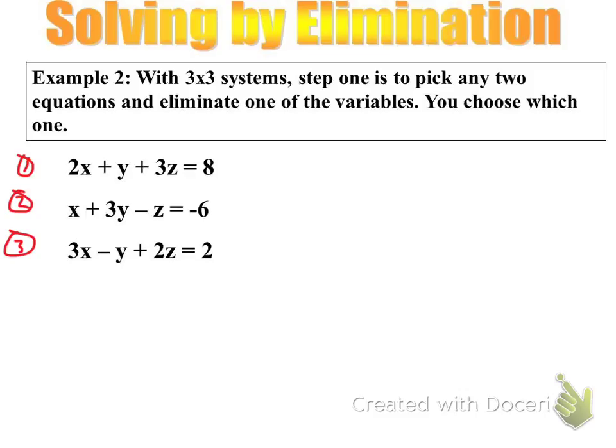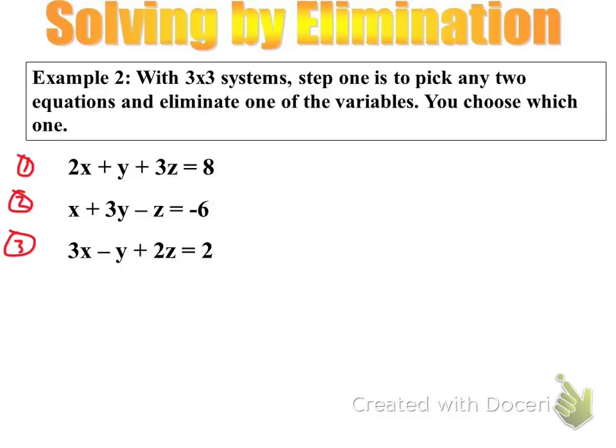All right, now step number 1 is to eliminate one of the variables. Do you see a variable that is easy to eliminate? The y's are the easiest variable to eliminate. Now, it doesn't matter which one you eliminate.